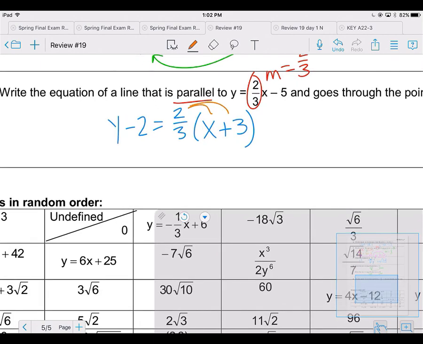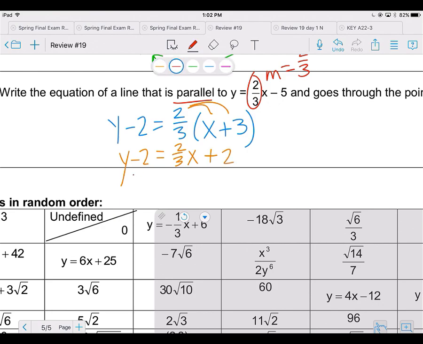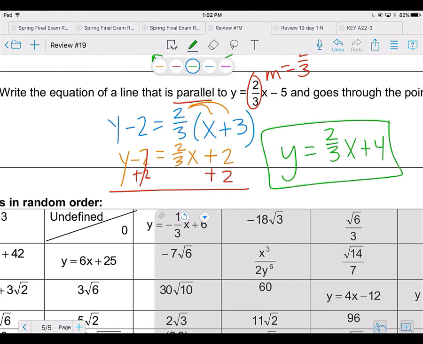And then I distribute, because the ones on my test want us to distribute and solve to put it in slope intercept. So 2/3 times x, 2/3 times 3. And then we add 2 to the numbers on both sides. So my final answer is 2/3 x plus 4.